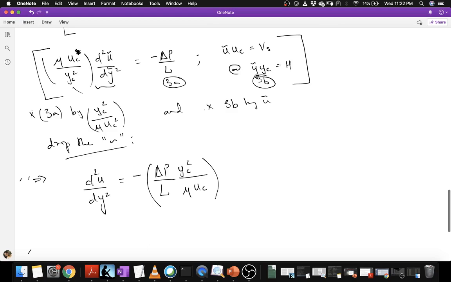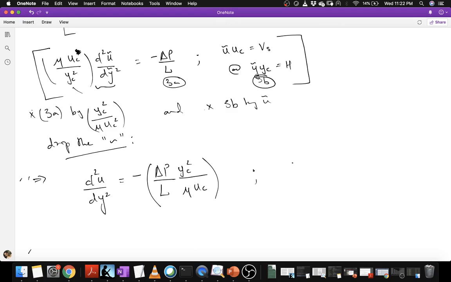Yes, so this entire term is non-dimensional as a collective. Each individual element of this term has dimensions, but taken together is non-dimensional, and you can check this out, that the units cancel out, and that makes sense because my left-hand side term by definition is non-dimensional.